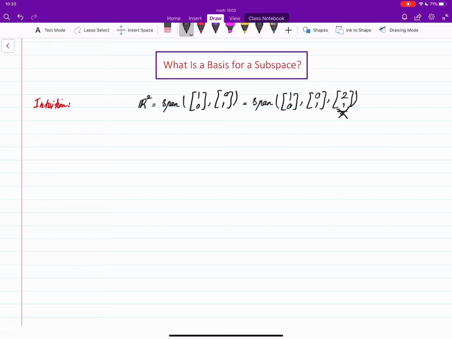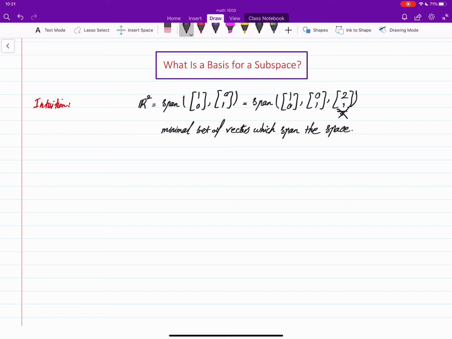We are interested in a minimal set of vectors which generate or span the space. Minimal meaning that if you take one of these vectors out, the spanning subspace will be smaller than what we have.